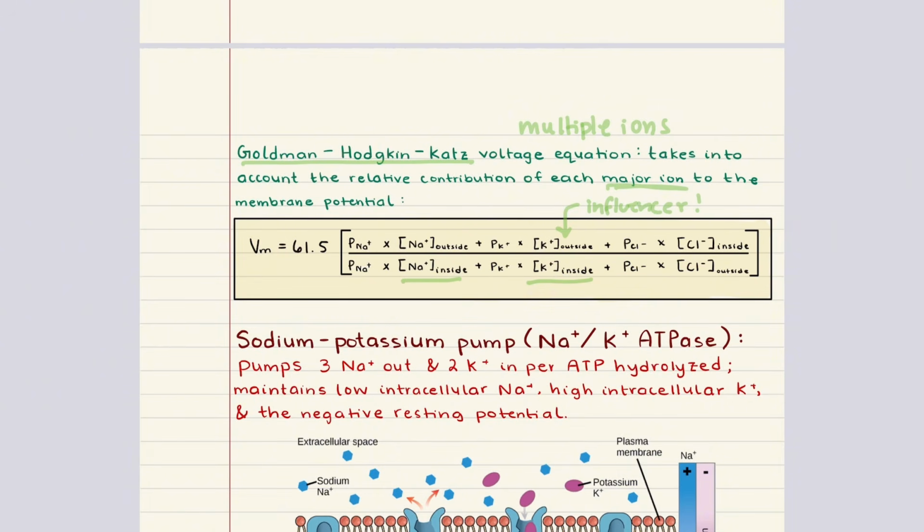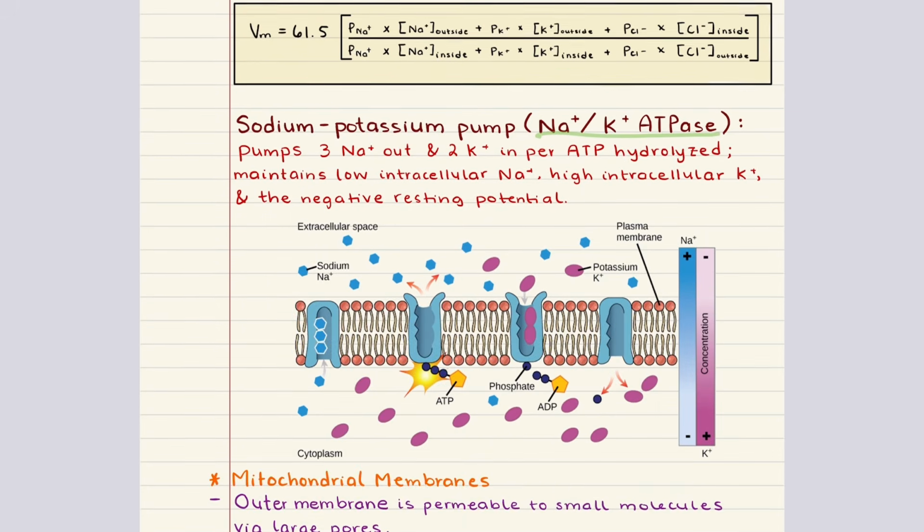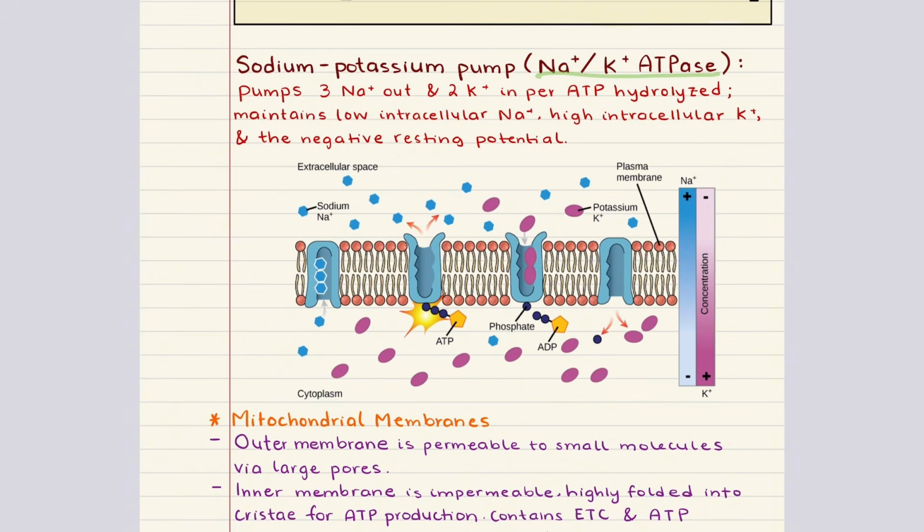Now, one of the key players in maintaining this potential is the sodium-potassium pump, or sodium-potassium ATPase. This pump uses ATP to move 3 sodium ions out of the cell and 2 potassium ions into the cell with each cycle.